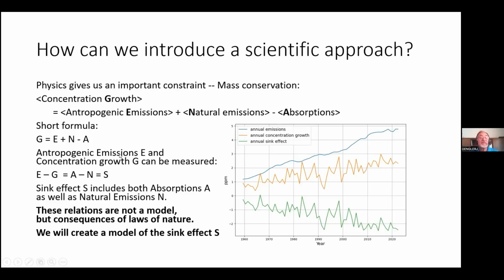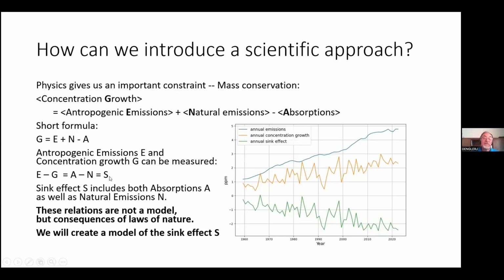This is our main equation on which we base everything. From those four variables, we can measure two of them. Anthropogenic emissions can be measured pretty well, and concentration growth can also be measured. So we change the variables a bit around because emissions are larger than the concentration growth. We take the difference of those, and this is on the other side absorptions minus natural emissions.